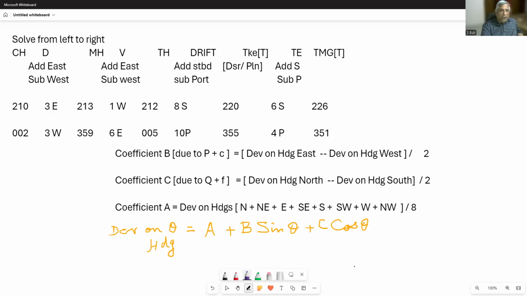Now, for the compass swing, first we rotate the aircraft on the ground at a place which is called compass swing base and find out coefficient B and C. First, the aircraft is rotated on 4 cardinal headings, that is north, east, south, and west.